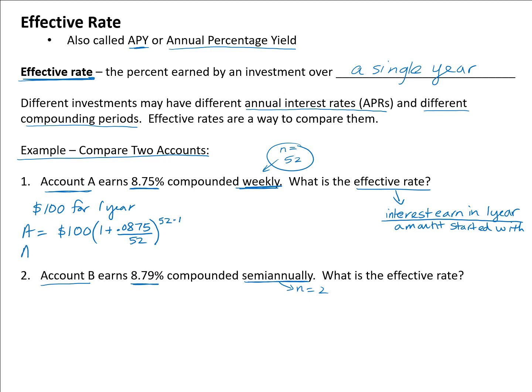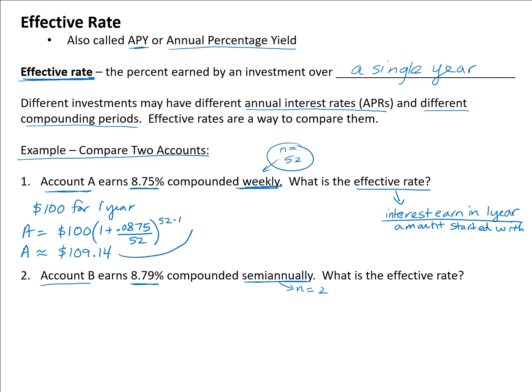So my A, when I calculate it out with a scientific calculator, 100 times parentheses 1 plus 0.0875 divided by 52 raised to the 52nd power, would come out to be $109.14.